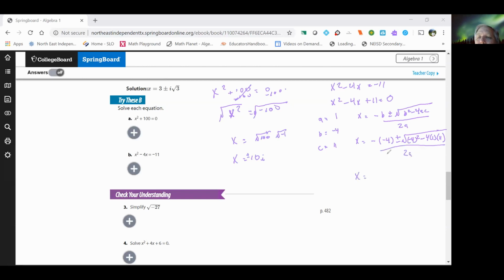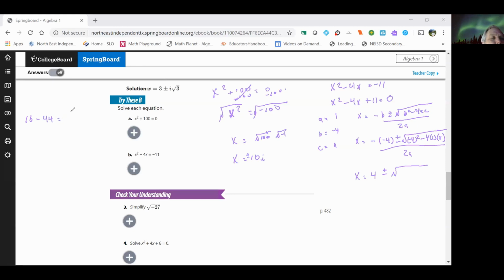Let's go ahead and figure out the discriminant. So that's going to be 16 minus 4 times 1 times 11, which is 44.